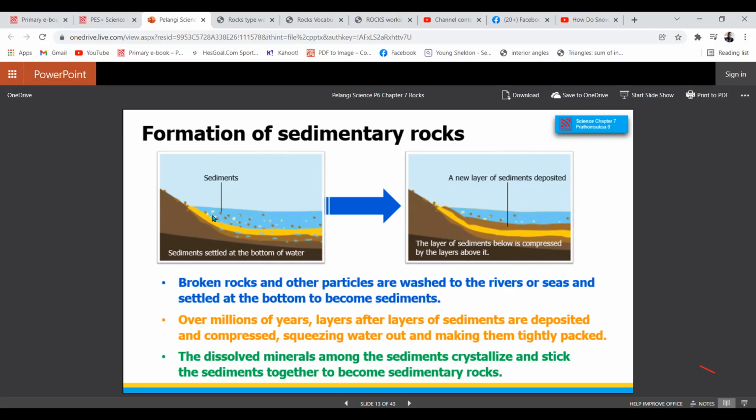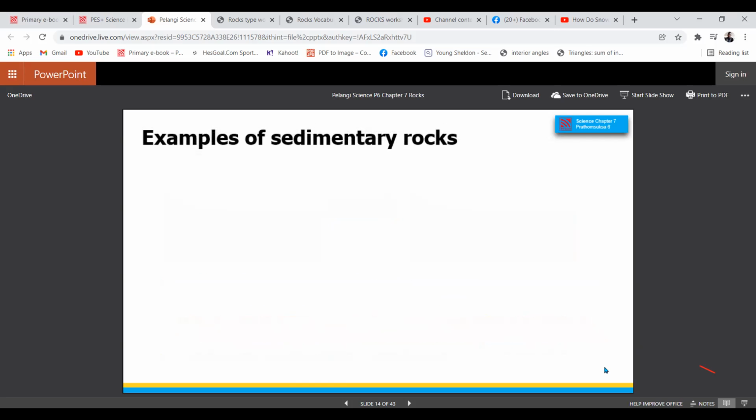The glue will stick those rocks together. After a million years, after a lot of people, animals, and fish dying in the ocean, and a lot of rocks being taken by water or wind to the ocean, you would have the sedimentary rocks. Okay, that is how sedimentary rocks are formed.